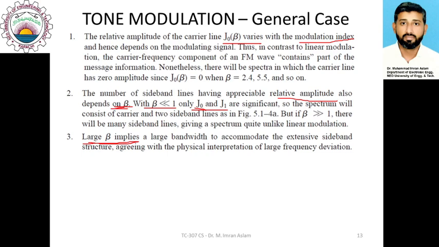So how many significant sidebands there would be is determined by the value of beta, and eventually the bandwidth of the FM and PM signals is dependent on the value of beta. So this provides a preliminary ground for determining the bandwidth of the FM and PM signal.